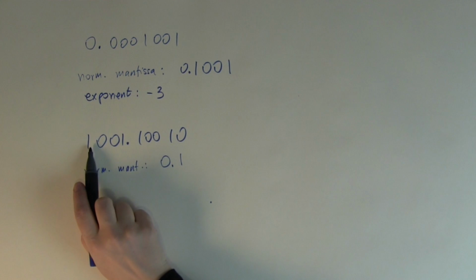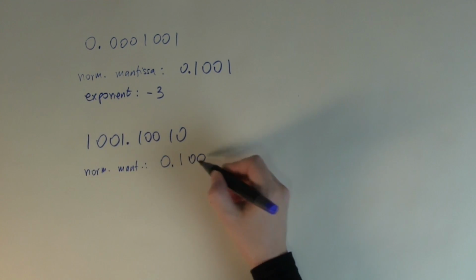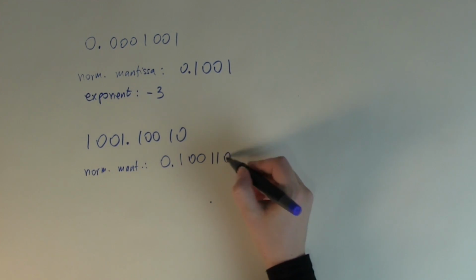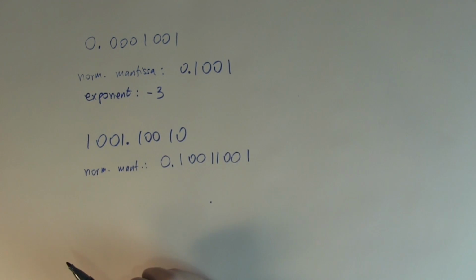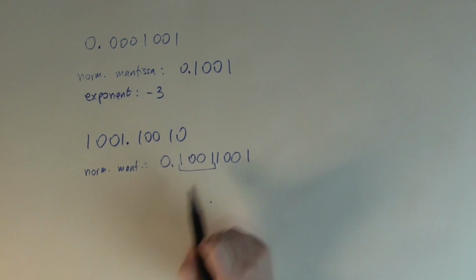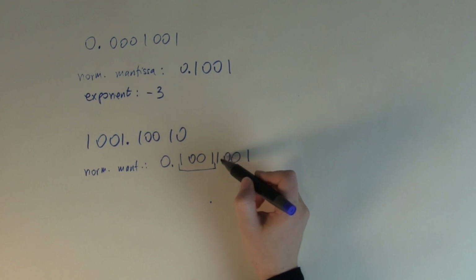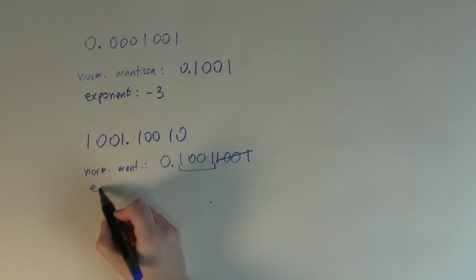So in this case, after the first 1, I have got 2 zeros, 2 ones, 2 zeros, and a 1. Again, that 0 is unnecessary because there is no other digits following it. So the normalized mantissa, therefore, will be the first 4 digits behind the radix point. So again, I have got quite a big truncation error. And the exponent.